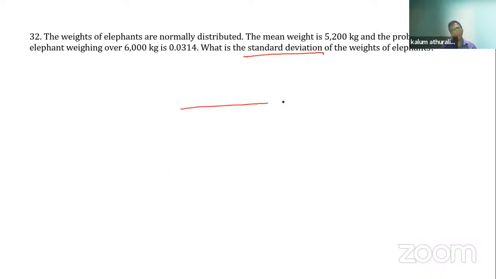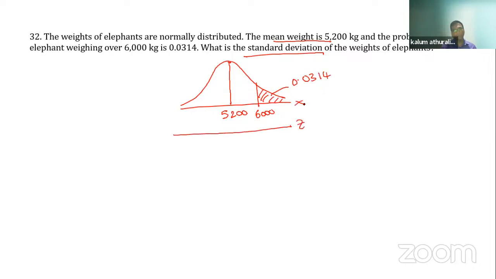Then draw the distribution. Mu is given as 5,200, the mean weight. The elephant weight is over 6,000. 6,000 is greater than 5,200. The area over 6,000 has probability equal to 0.0314. If you want to find the Z value, you need the area of this part.